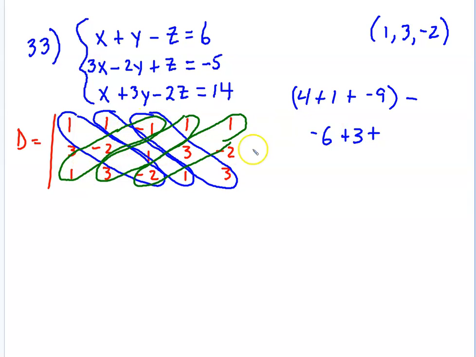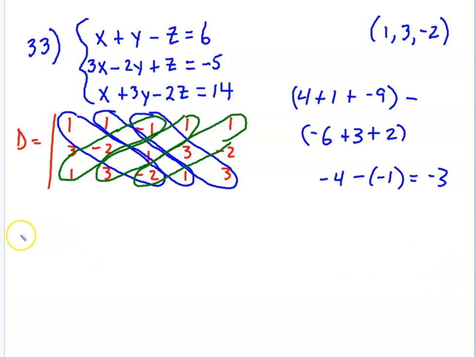Negative 1 times negative 2 times 1. All right, so this is 5 plus negative 9, that's negative 4, minus negative 6 plus 3 is negative 3, plus 2 is negative 1. So this initial determinant ends up being negative 3.